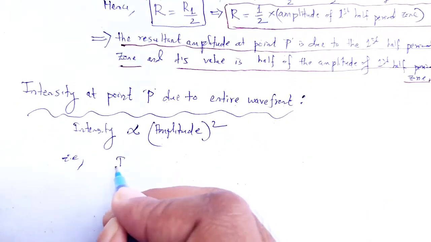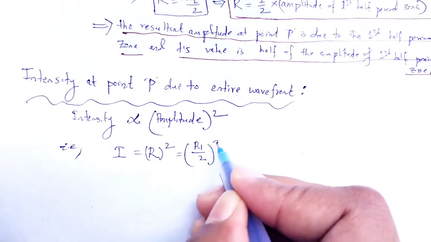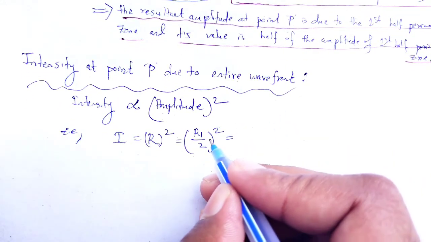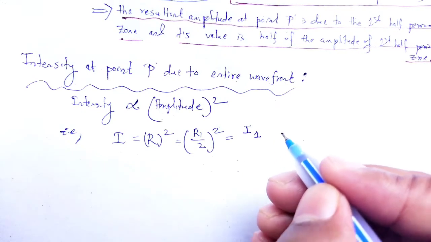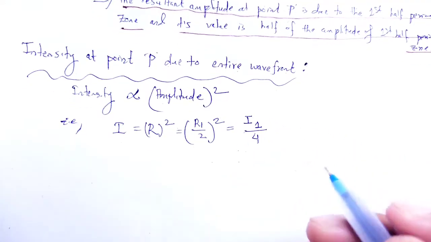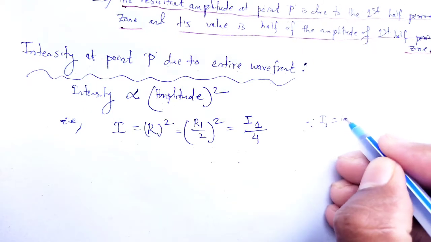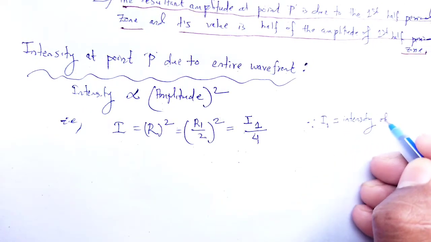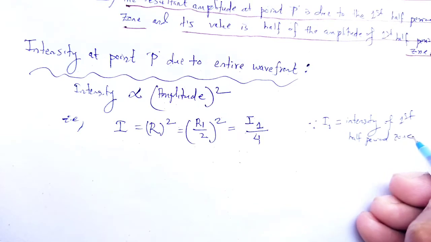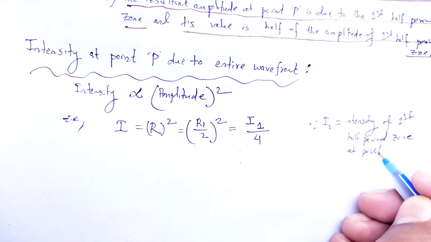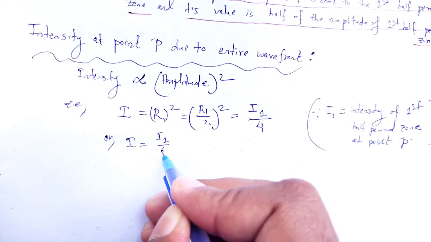That is, I is equal to R square, which is equal to R1 divided by 2 whole square, which is equal to I1 divided by 4, as I1 is the intensity of the first half period zone at point P. That is, I is equal to I1 divided by 4.